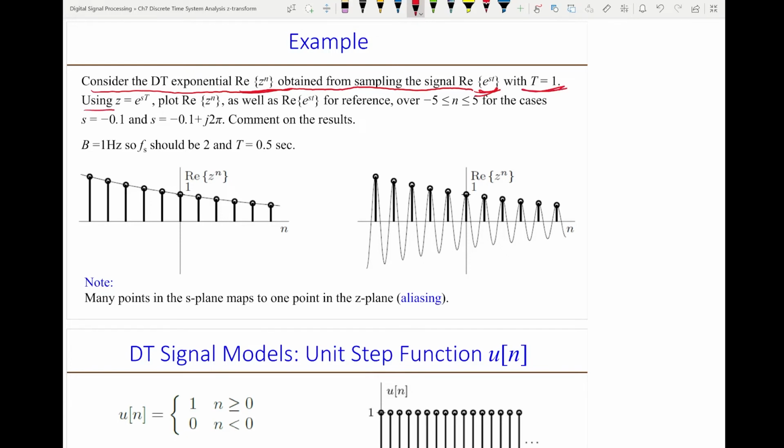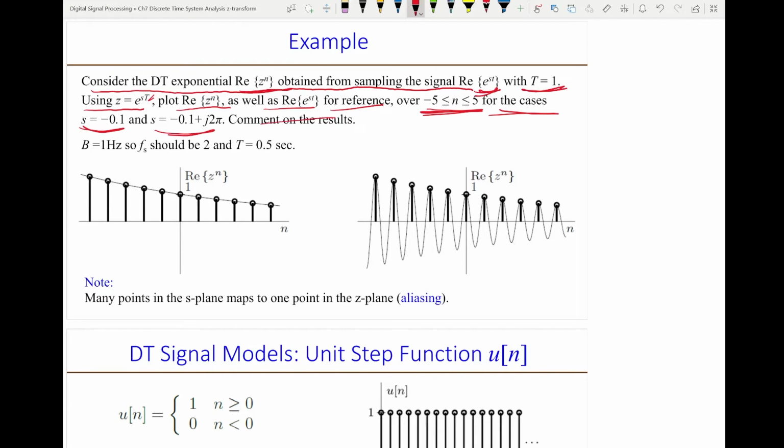Now, using z = e^(sT), plot z^n as well as e^(st) for reference in this interval, for n larger than -5 and less than 5, for the cases s = -0.1 and s = -0.1 + jπ/2. And comment on the result.